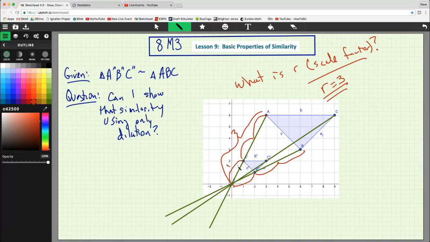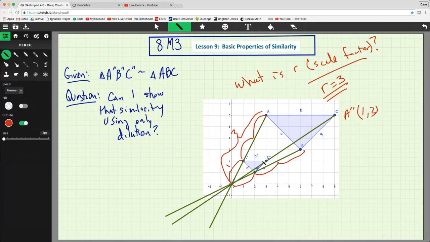And so my A point here, let's just go one step further. My A double prime is at 1, 2, right here. My B double prime is at 2, 1. And my C double prime is at 3, 2.